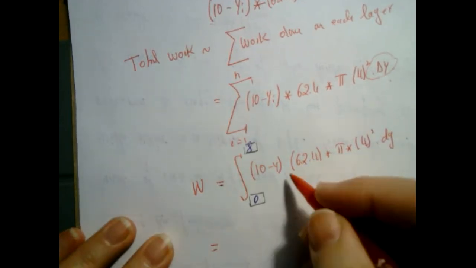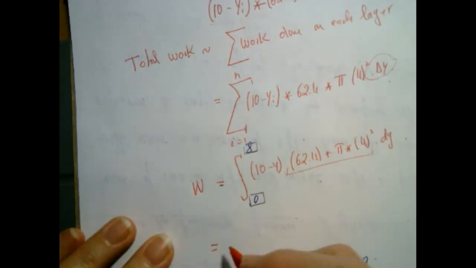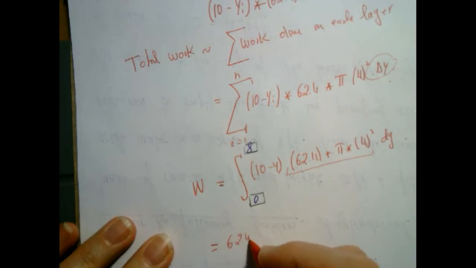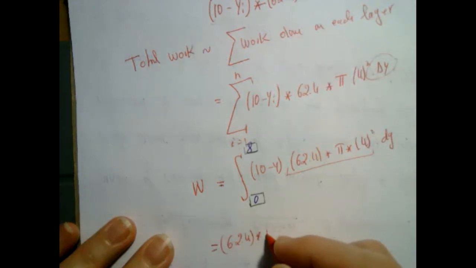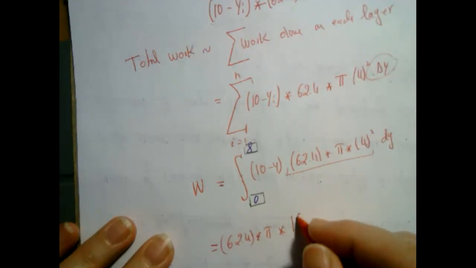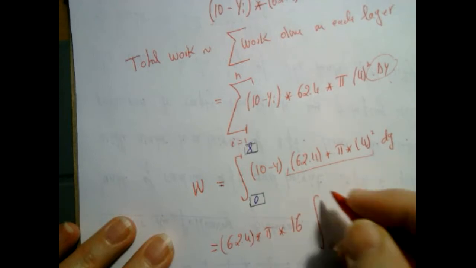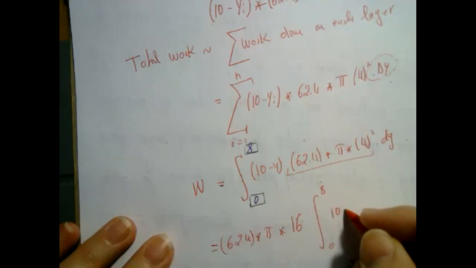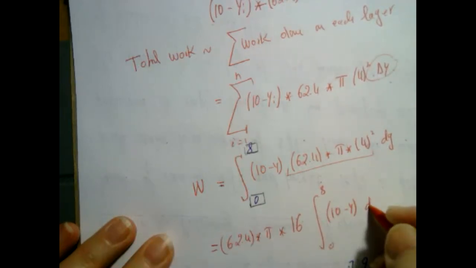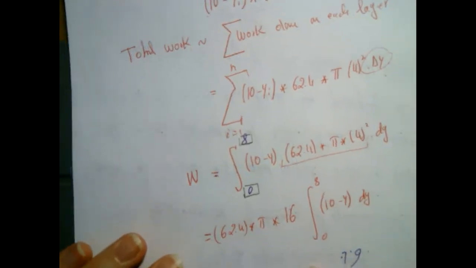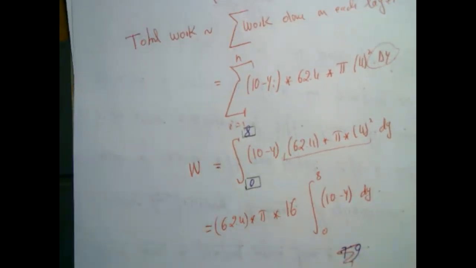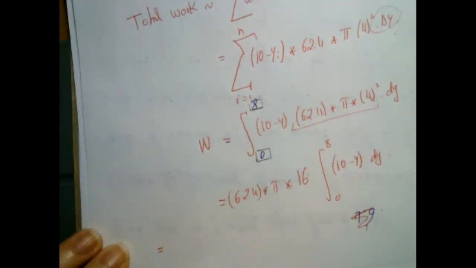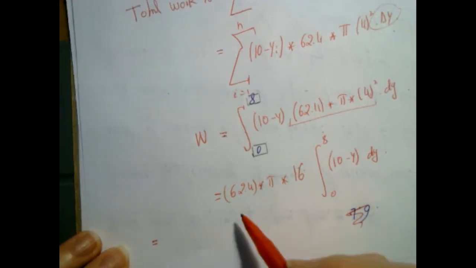So the first step, I get all my constants out. So I will have 62.4 times pi times 16, integral from 0 to 8 of (10 minus y) dy. Okay. And then the rest is really nothing more than doing the simple math. So we have to find the antiderivative and then proceed. So this is going to be equal to a bunch of stuff.